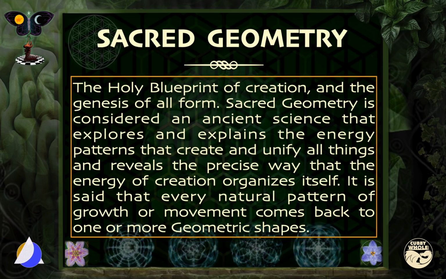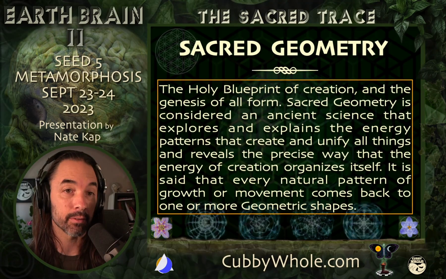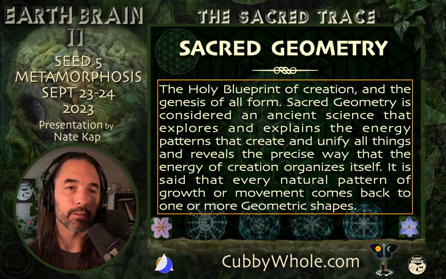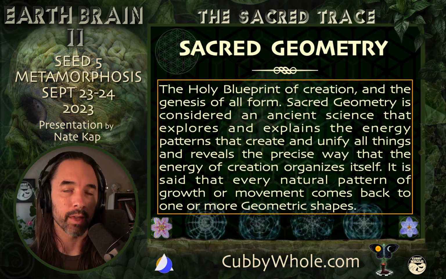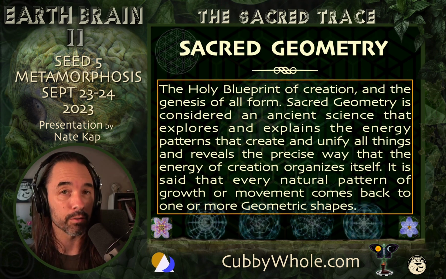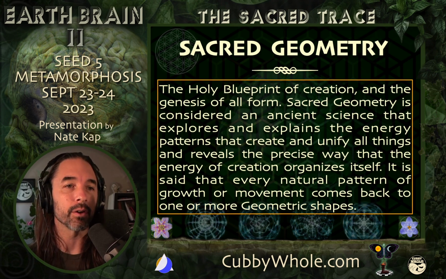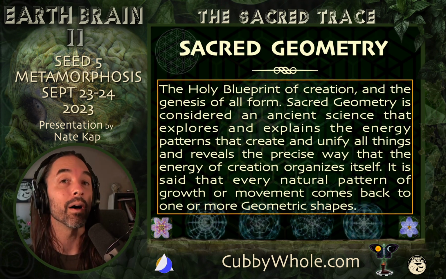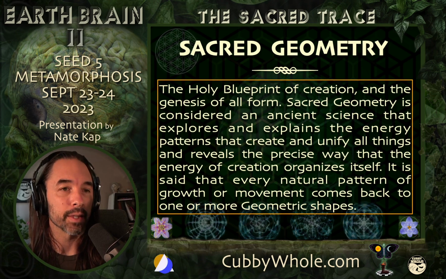But it is said that every natural pattern of growth or movement comes back to one or more geometric shapes, because this is about teaching us that we must get back to pure forms, and we can understand this through symbols and even numbers as symbols. Okay, and this is what's going to help us get closer to source, back to the one. So think about that.